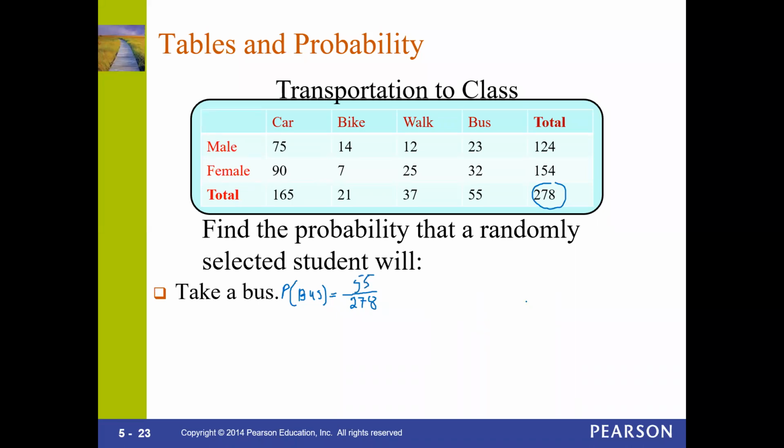And then this can be expressed as a fraction, decimal, or percentage. There's another one. Here we're talking about how many males are taking a bike. You're a male and you take a bike at the same time.